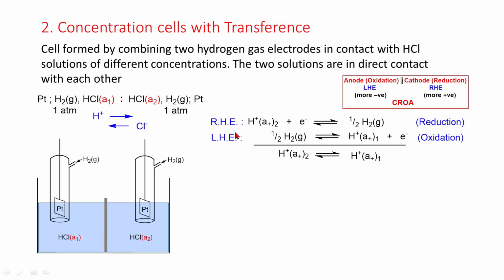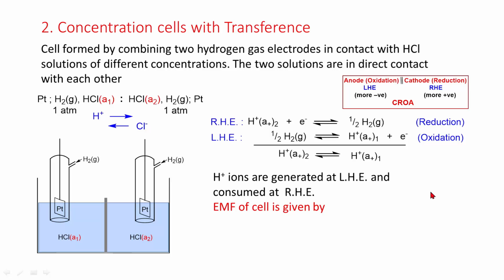We can write the right hand electrode: H ion activity A2 giving rise to hydrogen by reduction; left hand electrode: hydrogen giving rise to H ions at activity 1, and this is the overall reaction. H ions are generated at the left hand electrode and consumed at the right hand electrode.